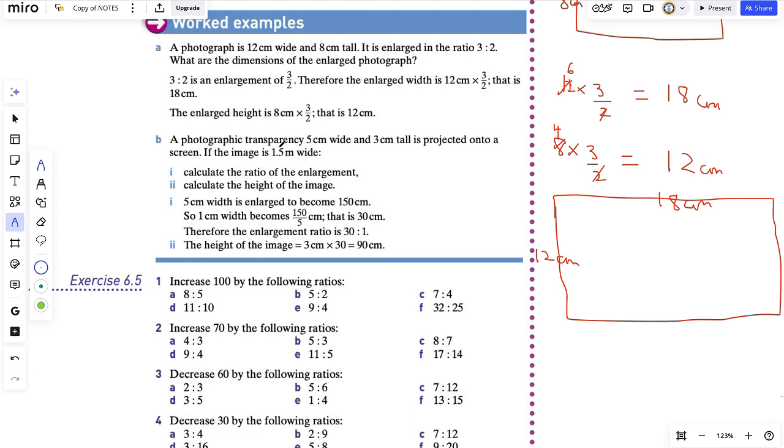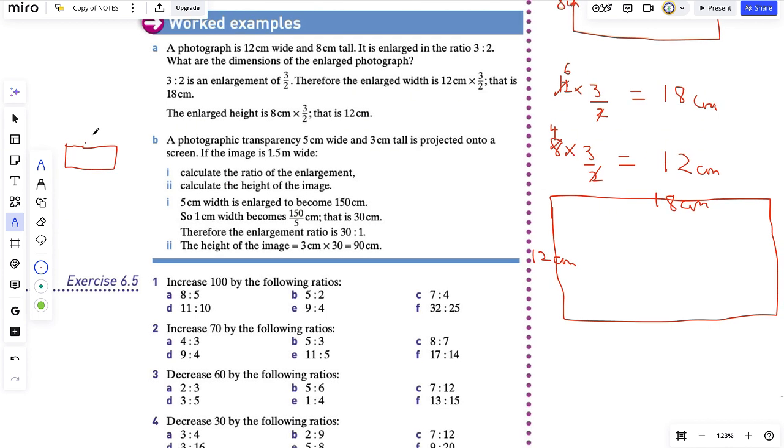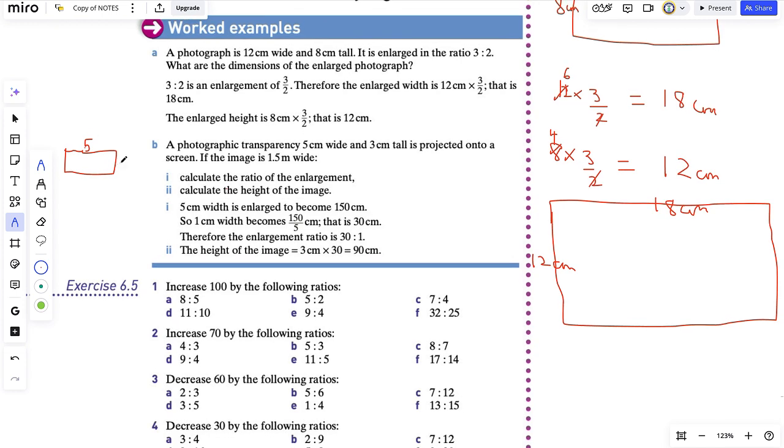So this photographic film is 5 centimeter wide and 3 centimeter tall and is projected onto a screen. So it's shown on the screen.